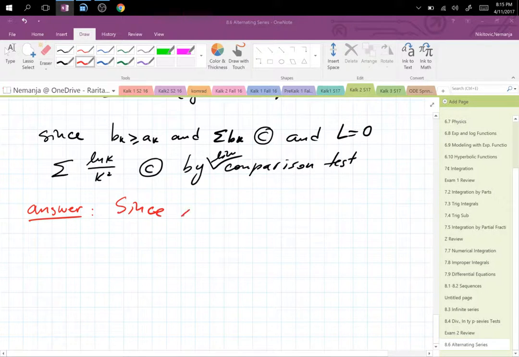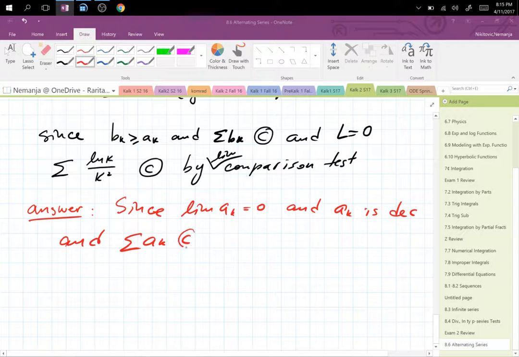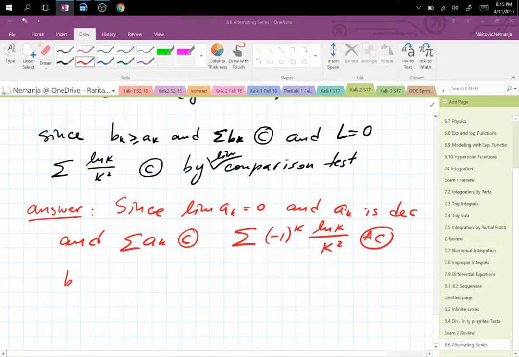Since limit ak equals 0 and ak is decreasing and summation of ak converges, the problem, which is negative 1 to the k ln k over k squared, absolutely converges. So absolute convergence by alternating series test.